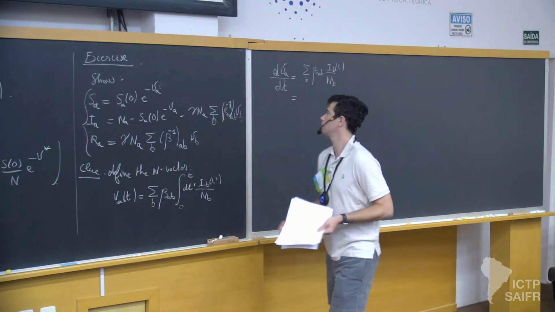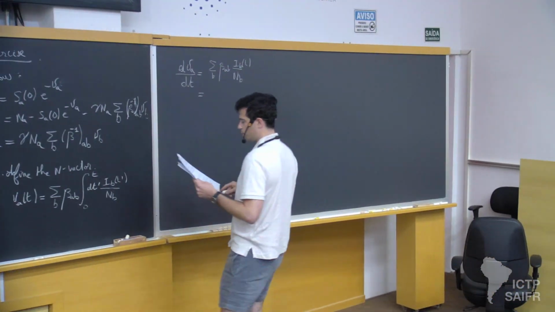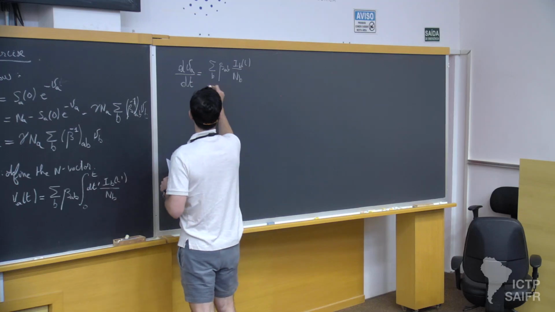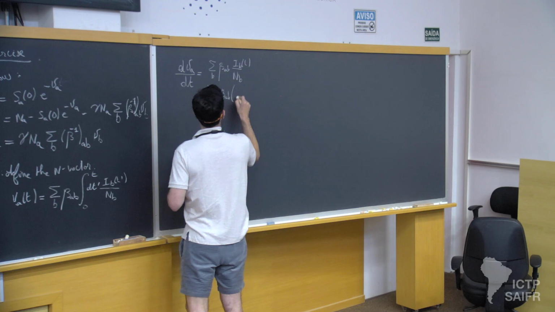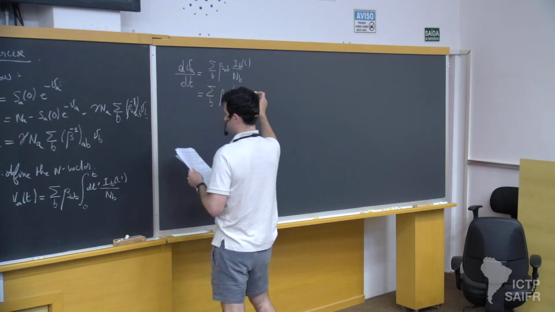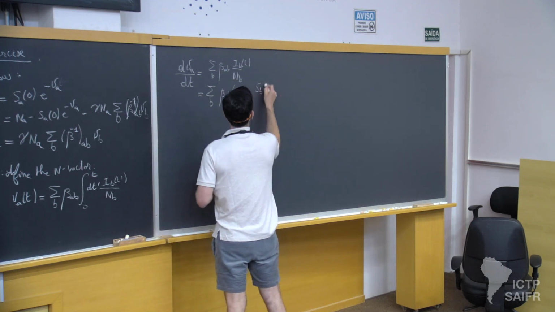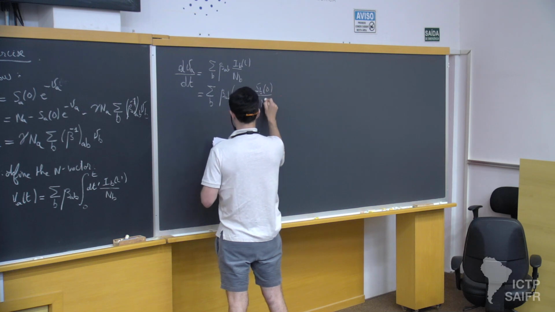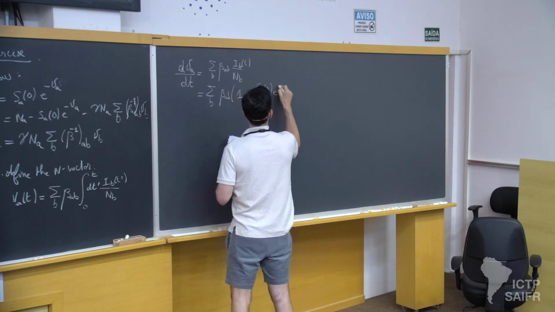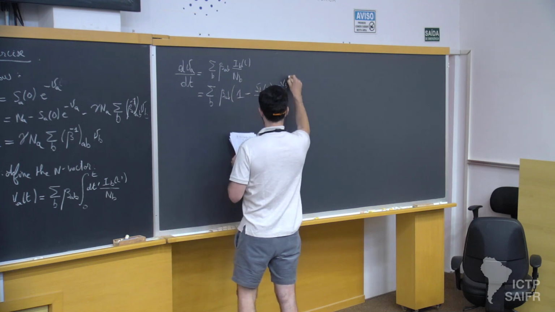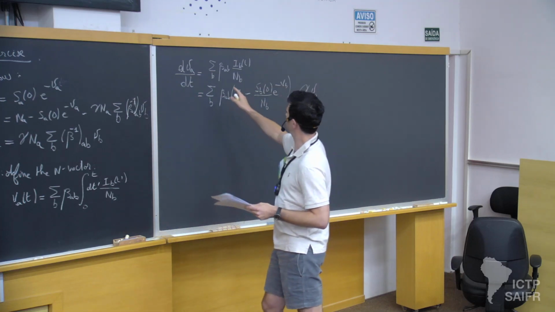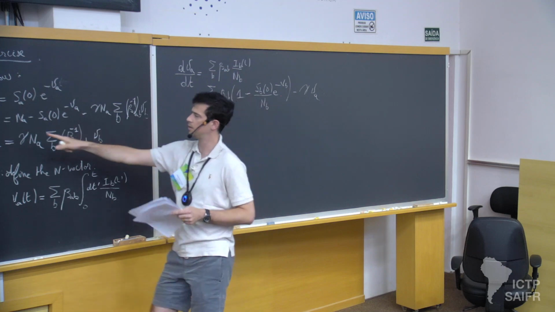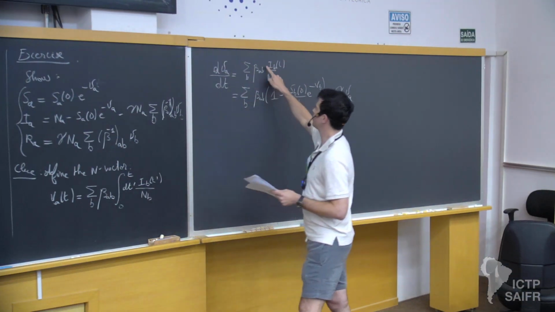So you can make those substitutions and you will arrive at the sum over B of beta_AB times 1 minus S_B of 0 over N_B exponential of minus nu_B, minus gamma nu_A.